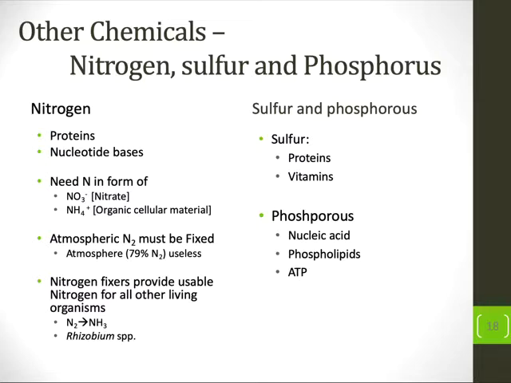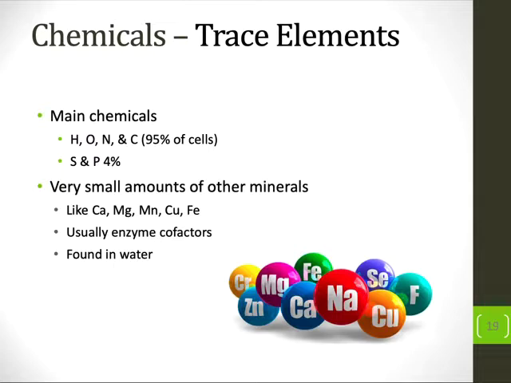Sulfur and phosphorus. You need sulfur for protein synthesis and the synthesis of vitamins. And vitamins would act mostly as coenzymes in reactions. And then phosphorus is needed in the synthesis of nucleic acid, the plasma membrane for phospholipid layer, and ATP. Then you have trace elements. So for the trace elements, you're talking about elements or minerals that are needed in very tiny amounts.